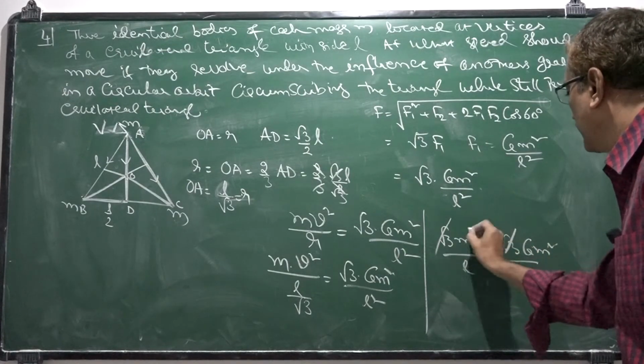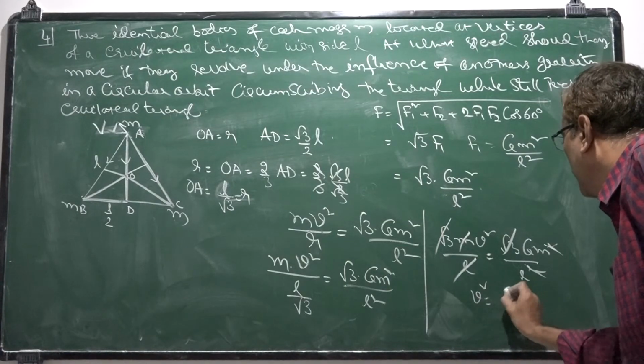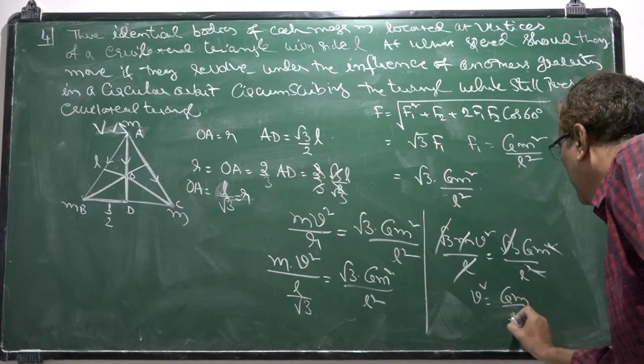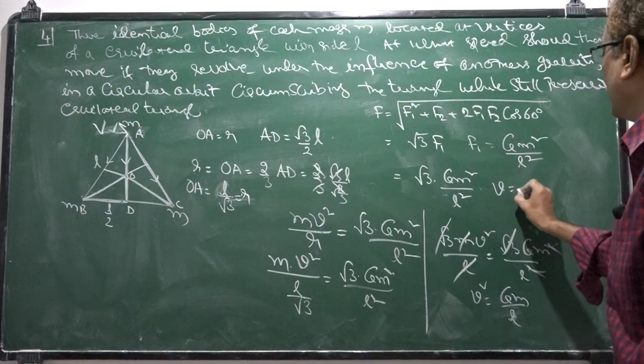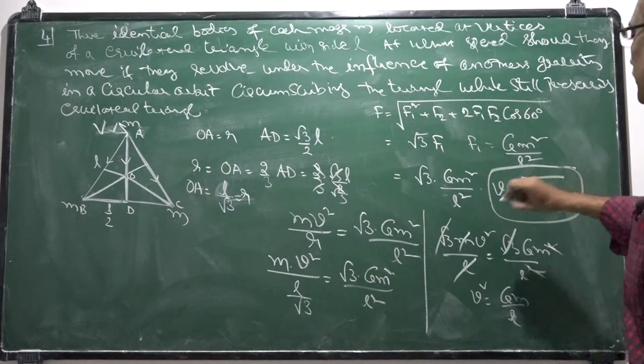So m gets cancelled, L gets cancelled. So v square is equal to G M by L. So v is equal to square root of G M by L. So this is the required value.